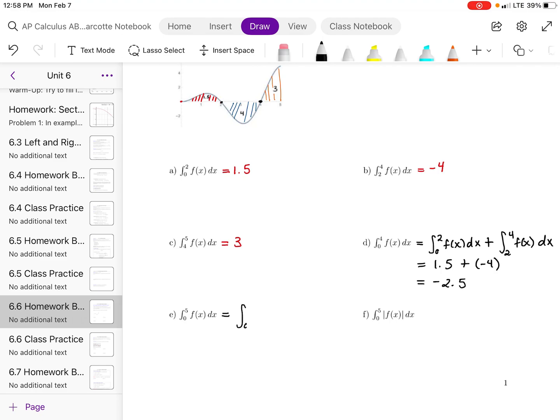So I'm going to have from 0 to 2 of x dx plus the integral from 2 to 4. Should probably write this down over here, sorry guys.